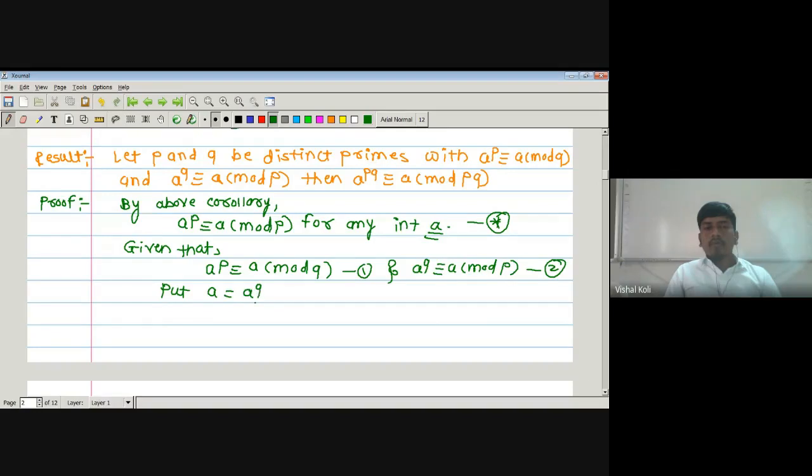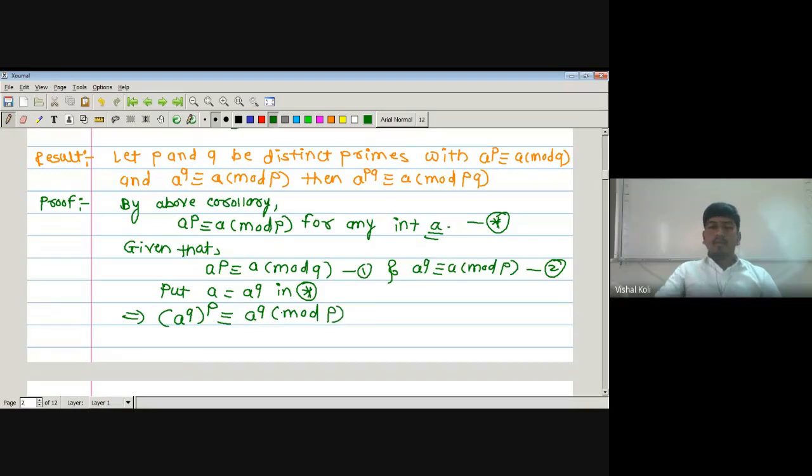Since the result will be true for any arbitrary value of a, we can take a equal to a to the power q. Then star becomes: a to the power q to the power p is congruent to a to the power q modulo p.